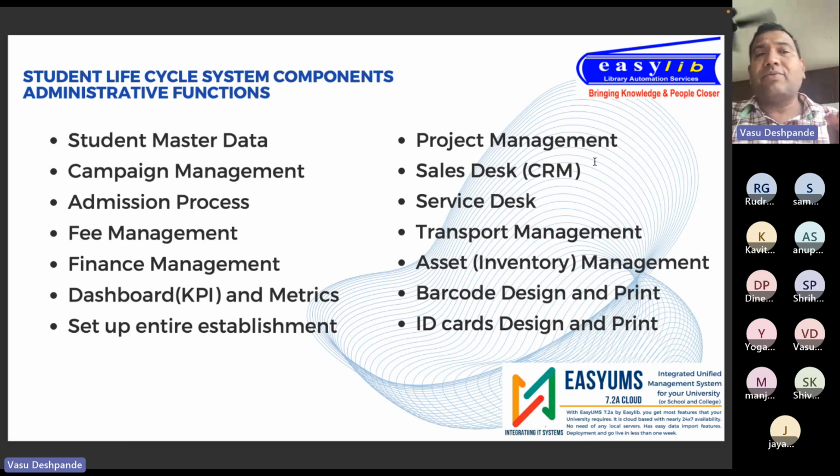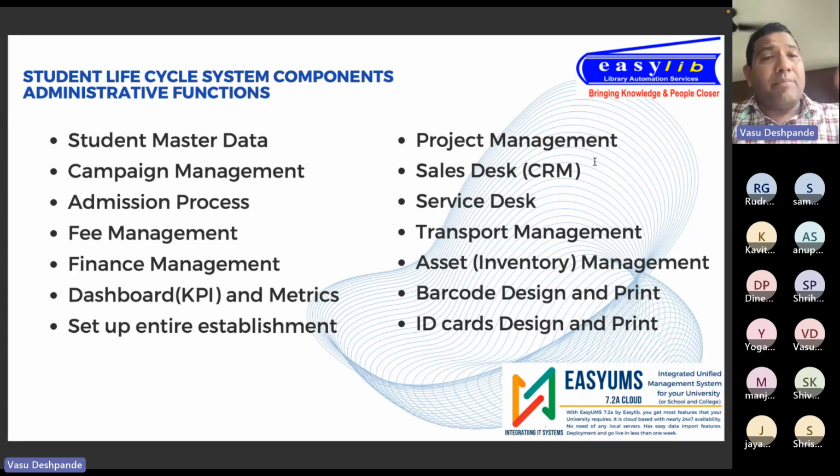This is the master system for all the student data. Many times when the student information system is spoken about, people think we can be happy if we have the student master data. It doesn't end there. It's much more than that.